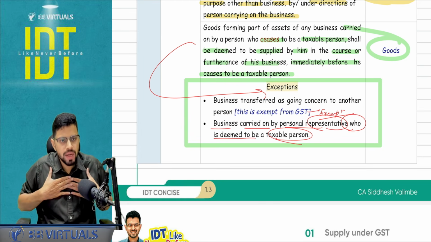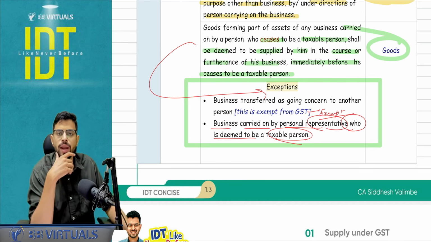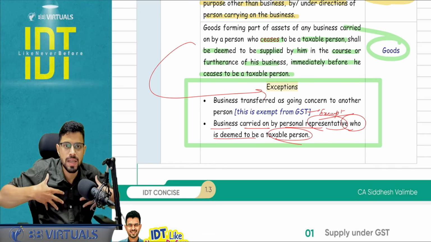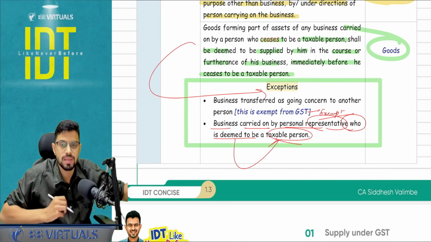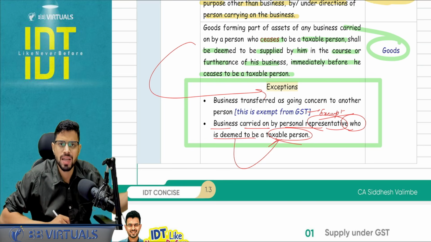So I am ceasing to be a taxable person, but my personal representative is going to carry on the business. I am exiting as a taxable person, but he is becoming a taxable person. So he will pay the GST now on whatever assets are carried on in the business.